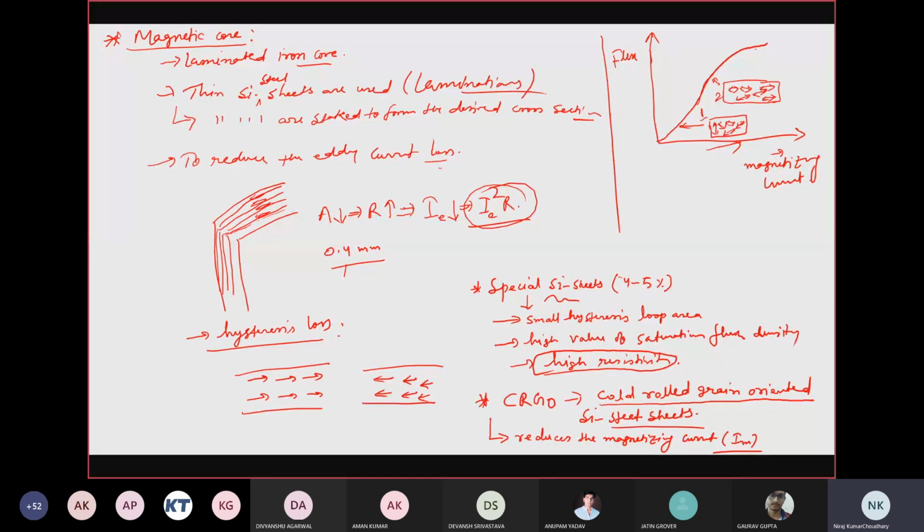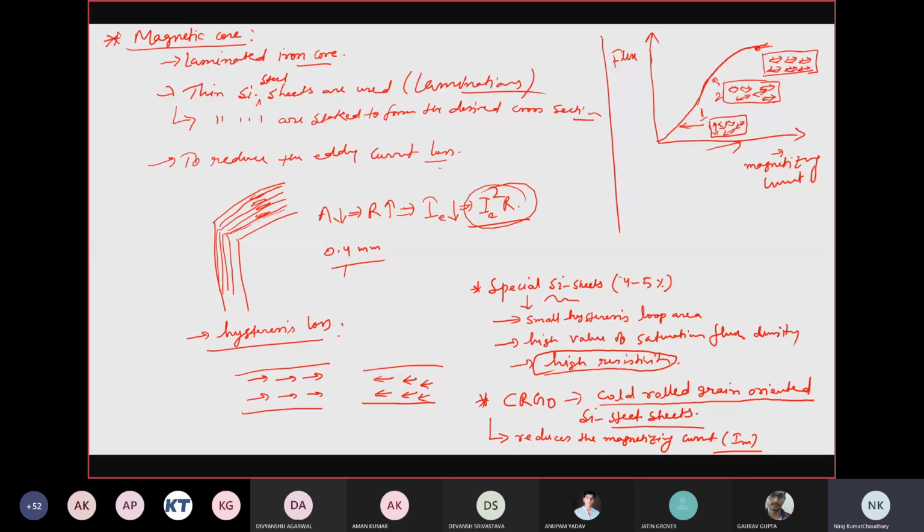Now in this region, suppose if we talk about this point when the magnetic material gets saturated, what does it mean? It means that all the grains, or dipoles, are oriented in a particular direction. So this is the best magnetic property of this particular magnetic material, right?